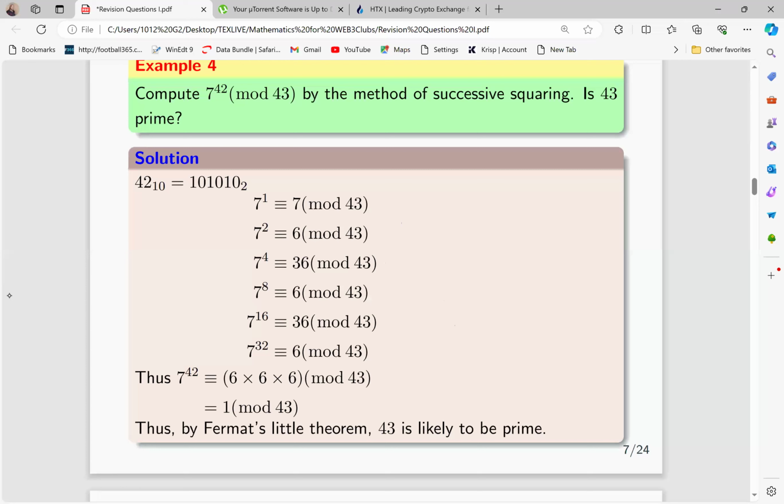The number of digits in the binary number helps us, number 1, know how many times we're squaring, and number 2, know which ones we use or which ones are applicable. So we start with 7 power 1, which is just 7. Since 7 is less than 43, we leave it here. 7 squared is 49. 49 is more than 43, so we reduce it, mod 43.